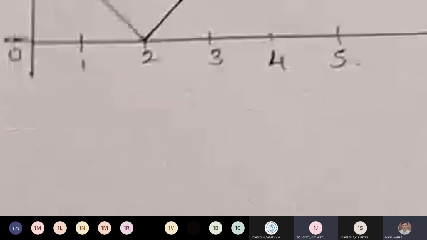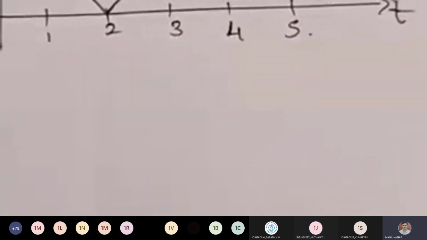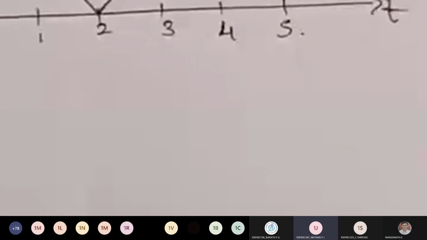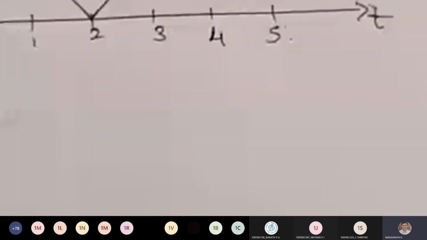The final signal, how it looks, x of t. Okay, good. So this is your last, a little bit downwards, Jayant. At 5 it should come back to 0. At 5 it is coming back to 0 now.